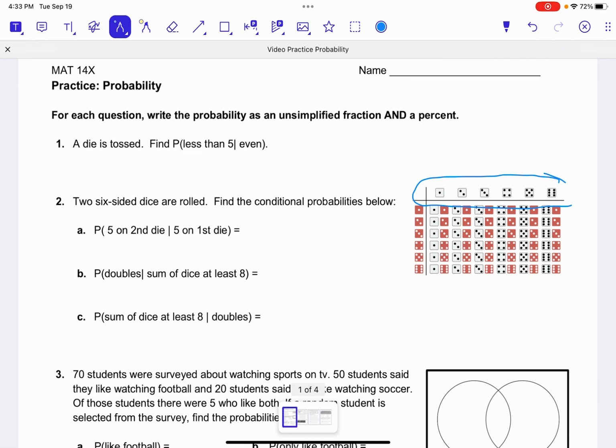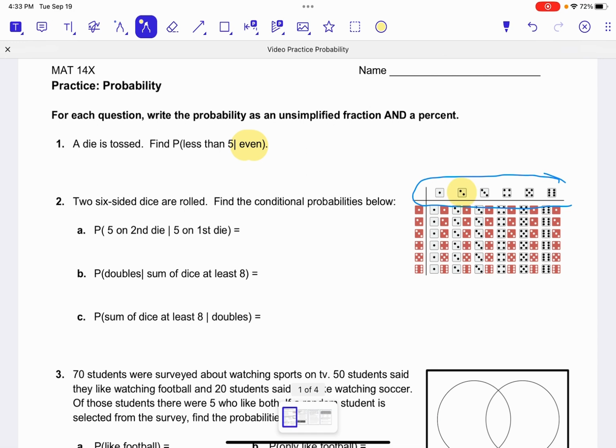Now, we're asked basically the probability that a number is less than 5 given that, remember that little line there means given that, the number that comes up is even. So I want to focus on how many even numbers there are.